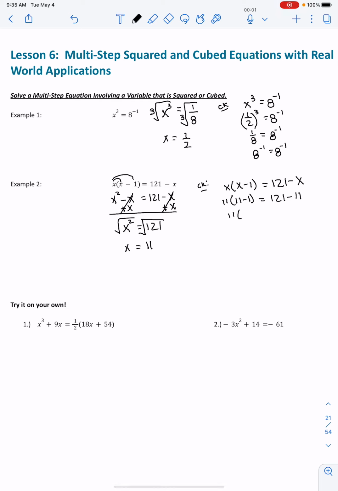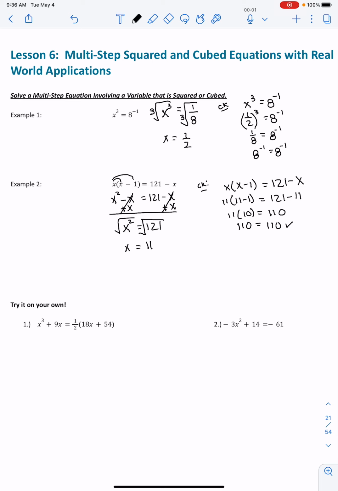So 11 times 10 equals 121 minus 10. Well, 121 minus 10 is 110. 11 times 10 is 110 equals 110. And it checks.